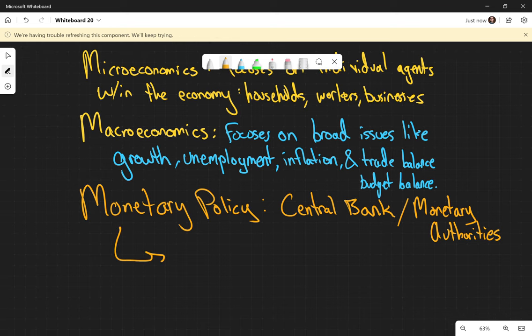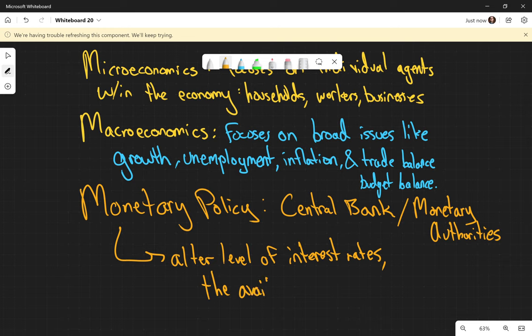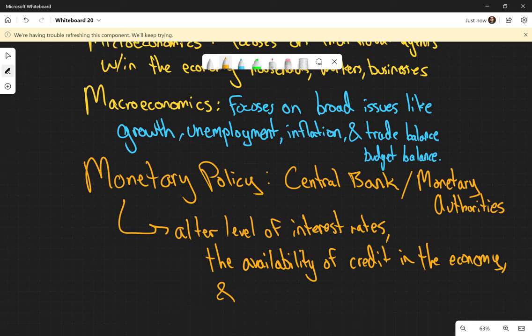The monetary policy, so these are the people that run it, and the goals of it are they want to alter the level of interest rates, the availability of credit in the economy, and the extent of borrowing.